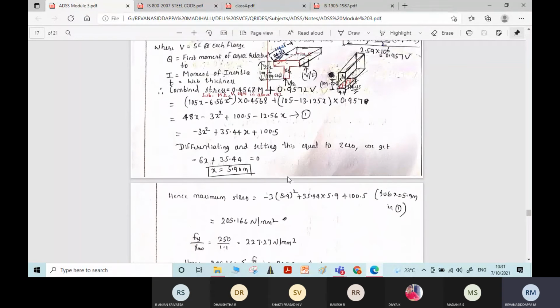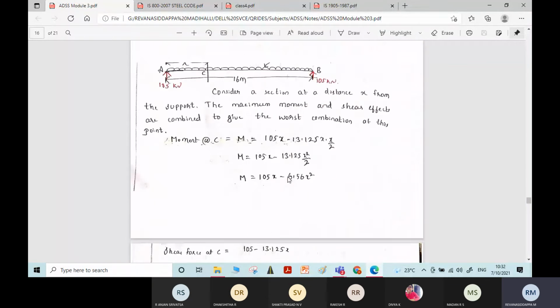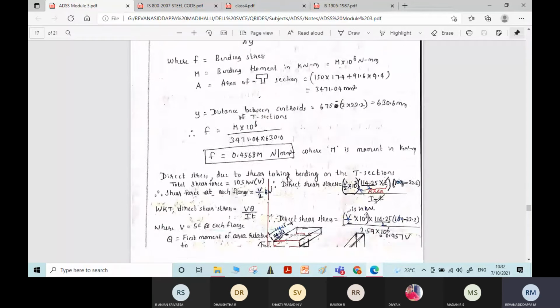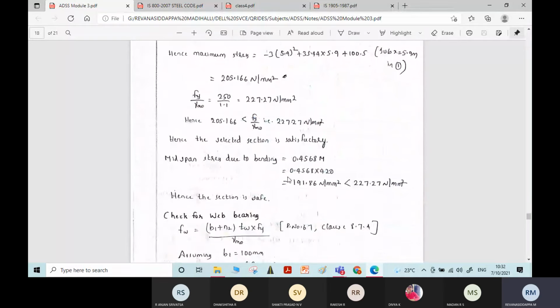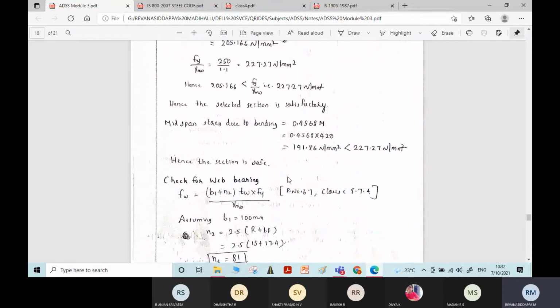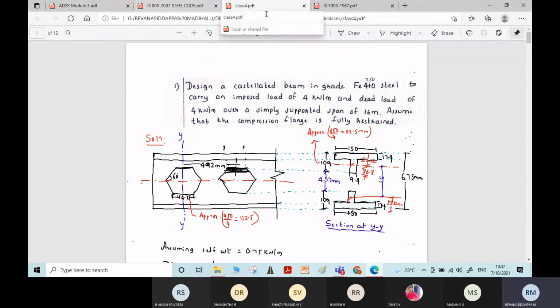Yesterday we have done up to the check for combined stresses due to bending and shear. This step we have finished. I hope this step is very clear for all of you. Next step, check for web bearing. Write it.